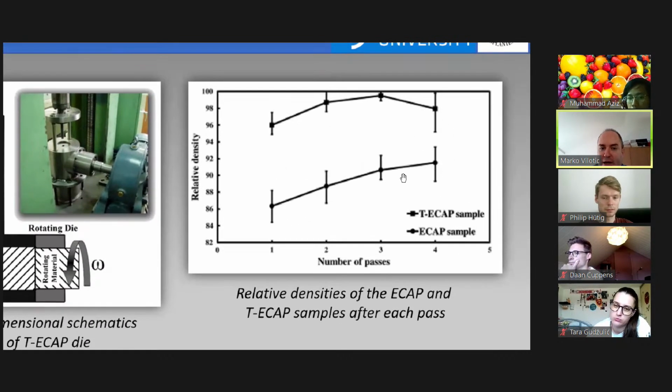They compared the relative density depending on the number of passes and the processing method. This is normal ECAP, and this is called TECAP. You can see the relative density in 3 passes reached almost 100%.